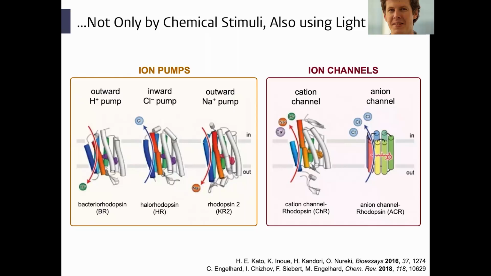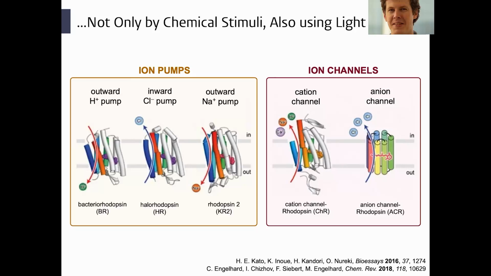For example, in bacteriorhodopsin, the proton gradient that is created can be used for ATP synthesis by ATP synthase. Also very interesting to mention is that nowadays these types of proteins are frequently used in the field of optogenetics. In optogenetics, you can induce and control the activation of neurons using light, and they use these types of proteins for that.